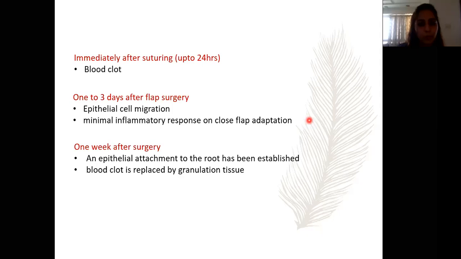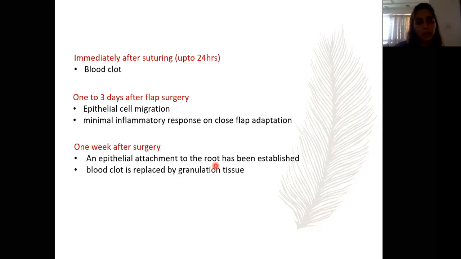The inflammatory phase predominates in this zone. One week after surgery, an epithelial attachment to the root has already been established, and the blood clot is now granulation tissue. Angiogenesis and fibroblasts come into the picture.